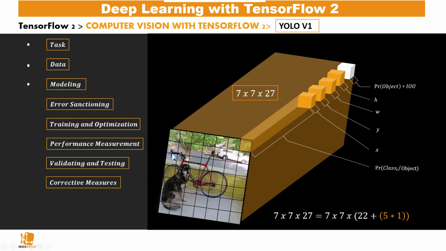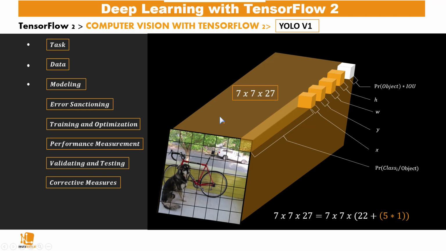Now recall that when you have this type of image, the aim is to correctly locate that there is a dog and a bicycle, or dog, bicycle, and a car in this image, and correctly get their position. So we want to have a bounding box surrounding this dog and another bounding box surrounding this bicycle.